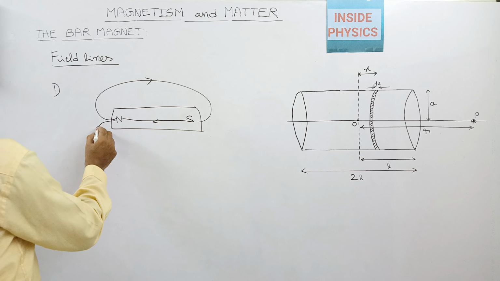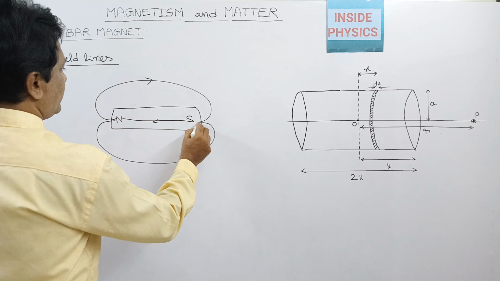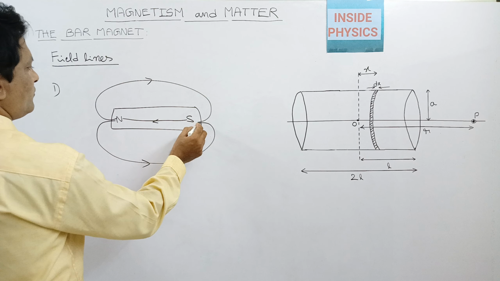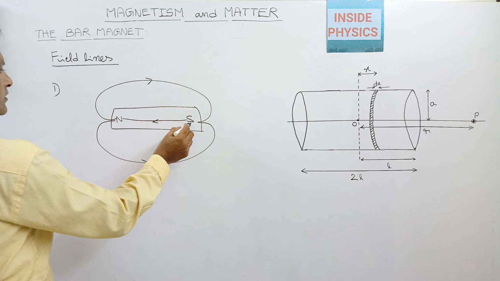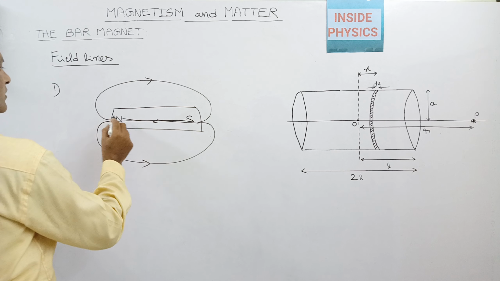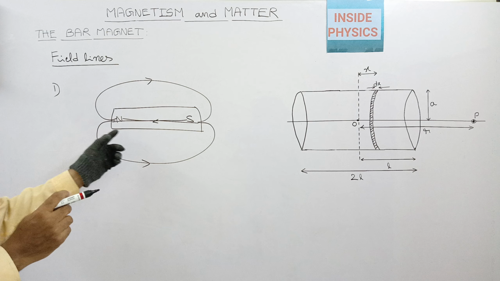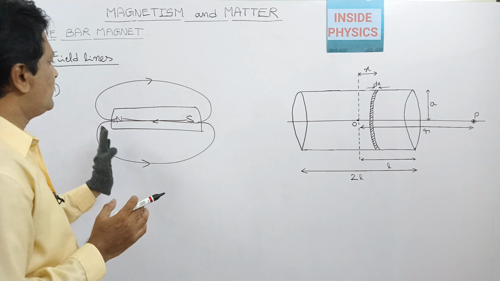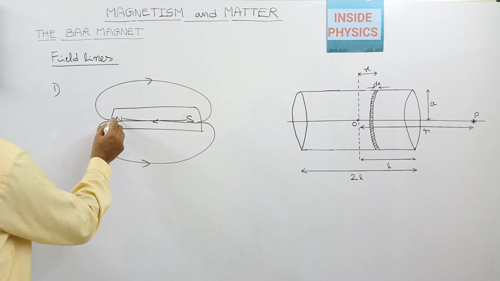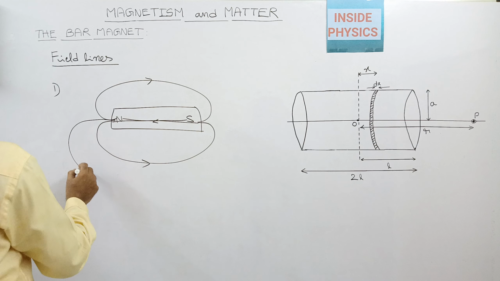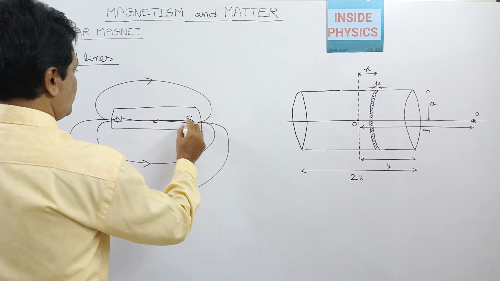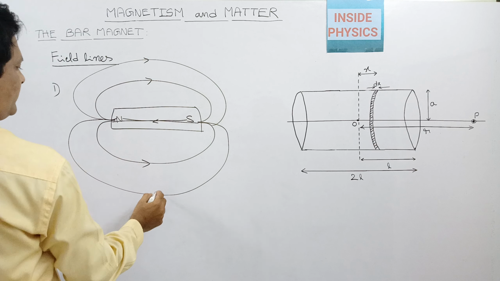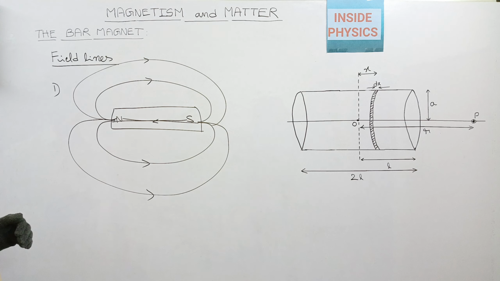In this way the magnetic field lines are generated from the north pole and form continuous closed loops, with no cut in between. All the field lines emanating from the north pole will obviously form closed loops only. This is the main characteristic of a magnetic field line.